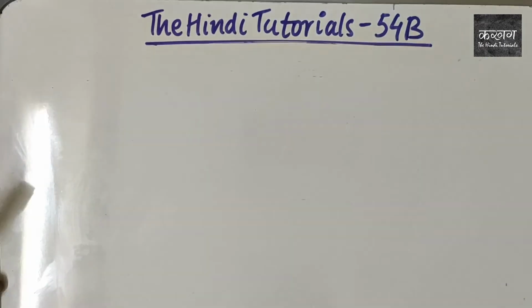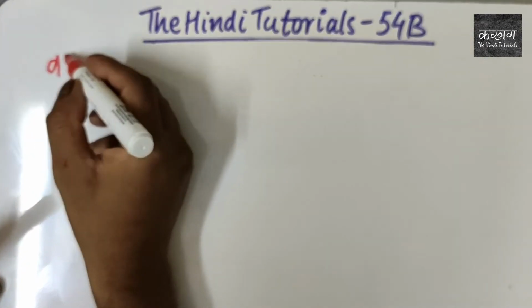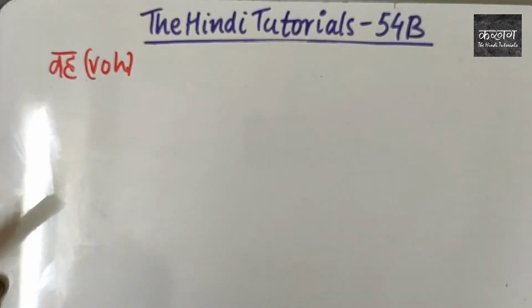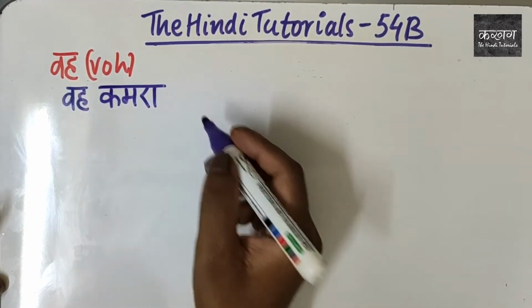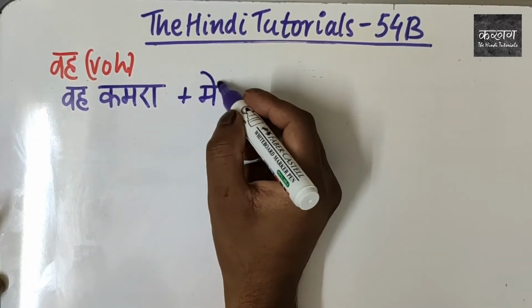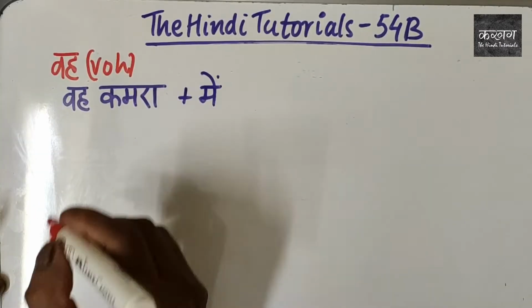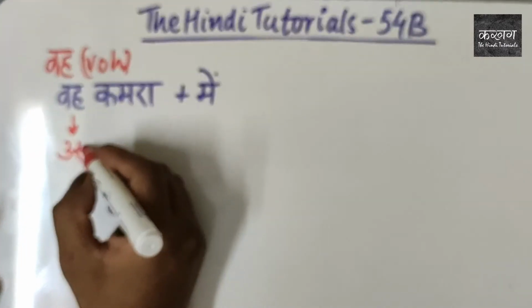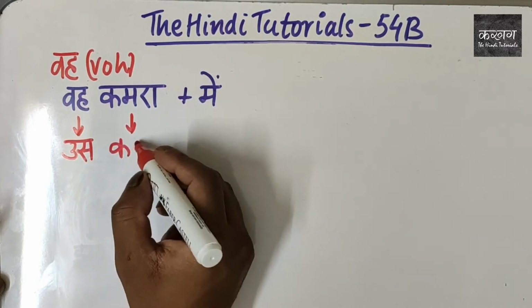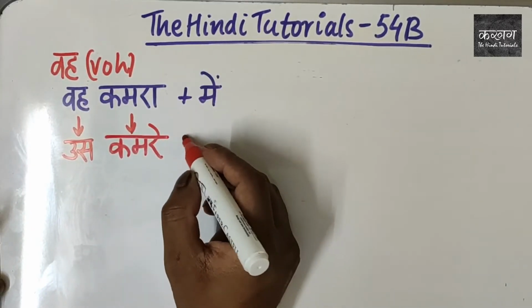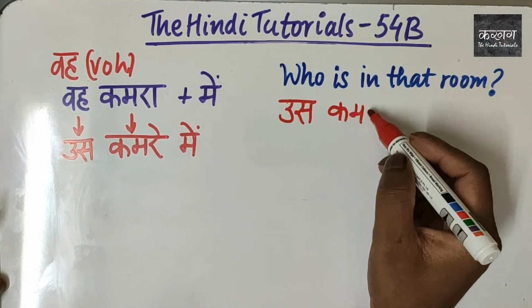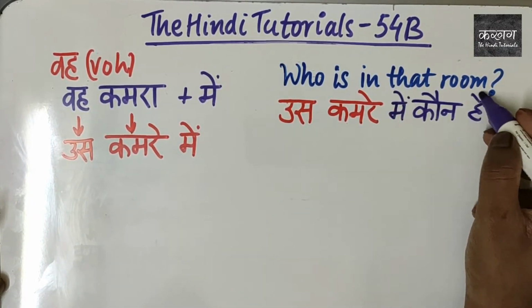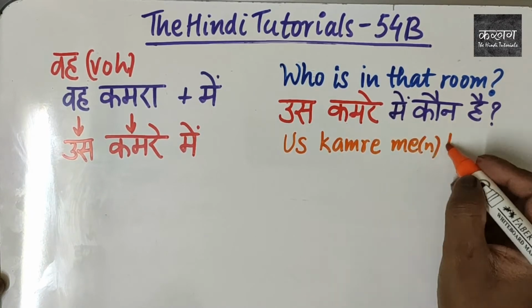So, now you have understood how to use ye in the oblique case. Now let's see a couple of examples with wo. Suppose the word वो कमरा. ठीक है. If I add में, it becomes उस कमरे में, in that room. If I want to ask, who is in that room? उस कमरे में कौन है?